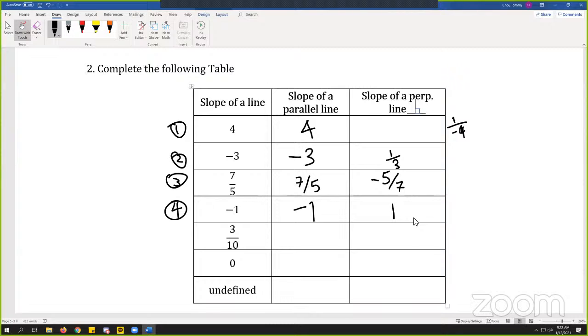It's just 1, right? Next one after Milana would be James. Slope of a parallel line: if the first line is 3/10, what's the slope of the parallel line? 3/10. Perfect. And the slope of the perpendicular line?